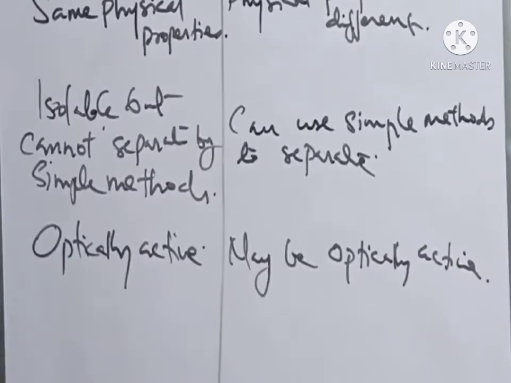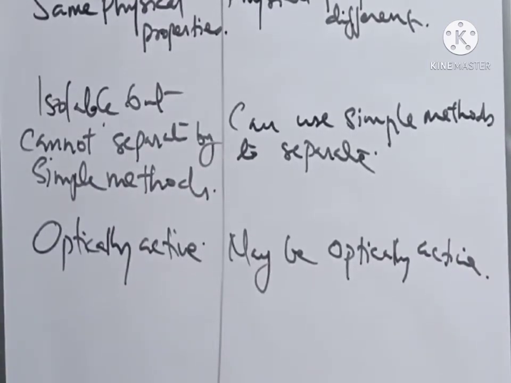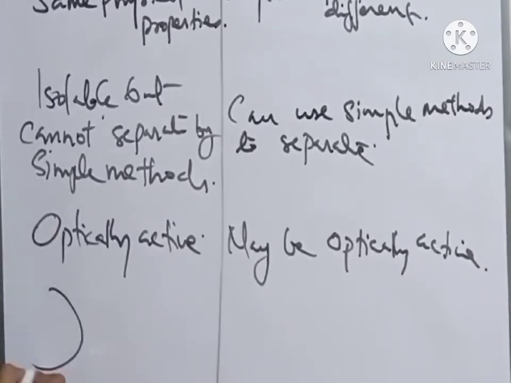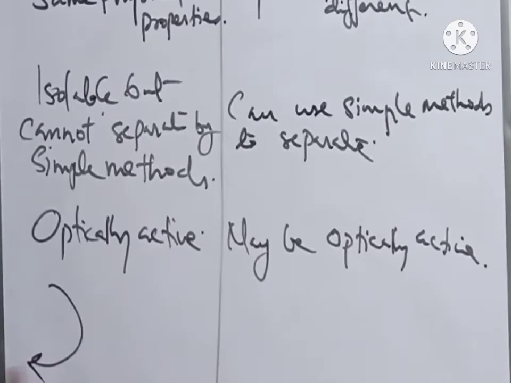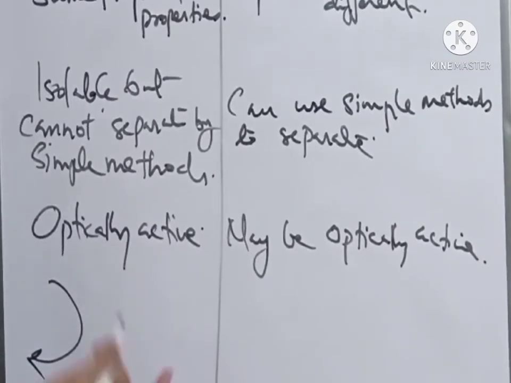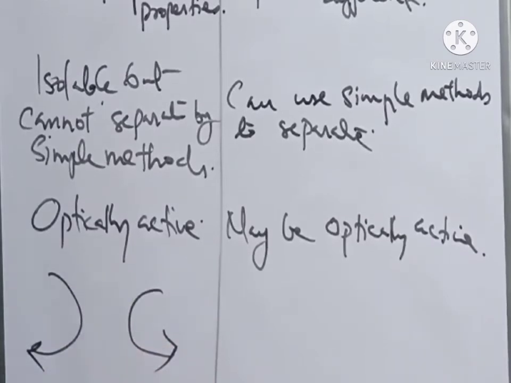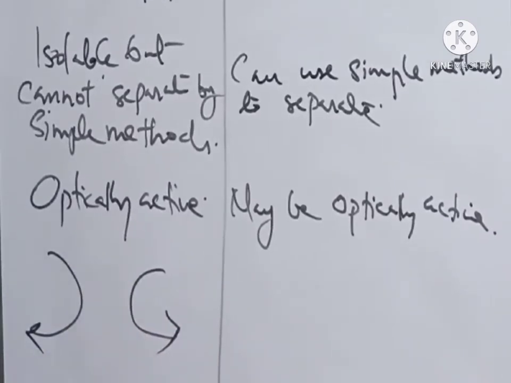Then if we talk about the rotation of plane polarized light, if one enantiomer rotates the plane polarized light in the clockwise direction, then the next one will rotate it in the anti-clockwise direction, and we already said that the magnitude of the rotation will be the same, only their direction will be different.